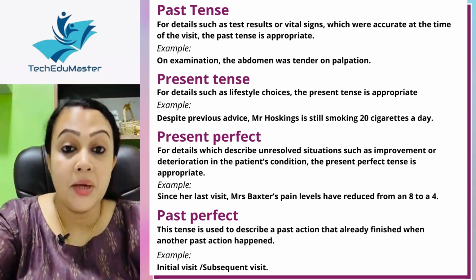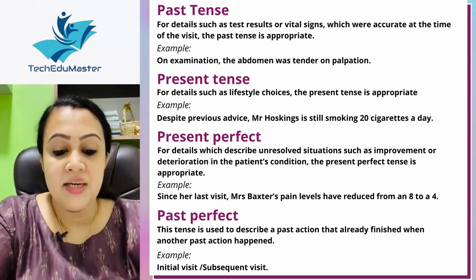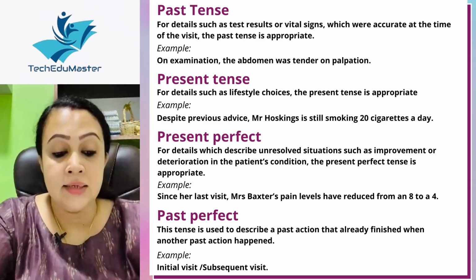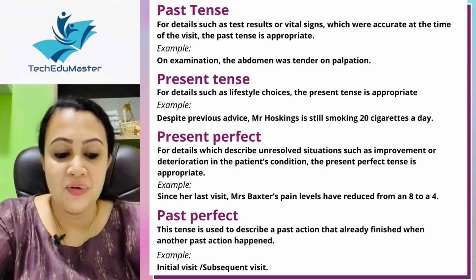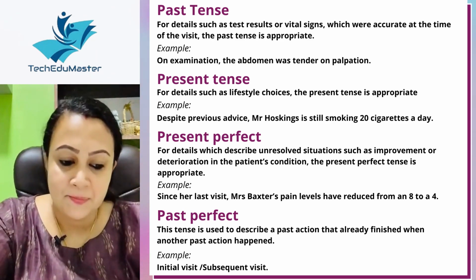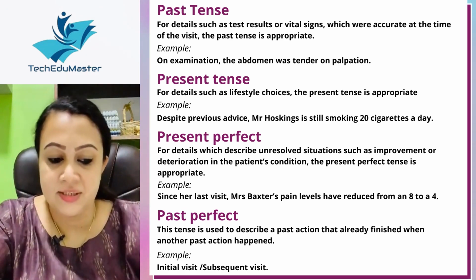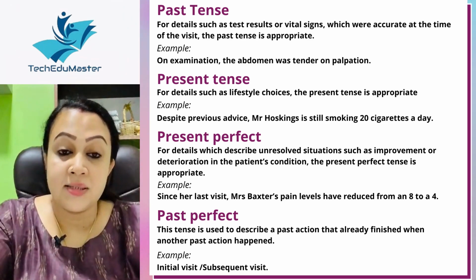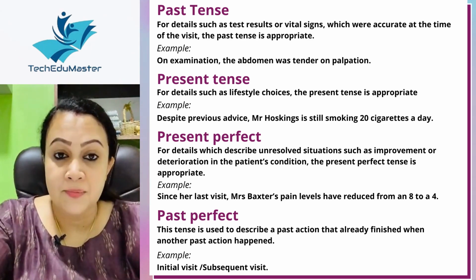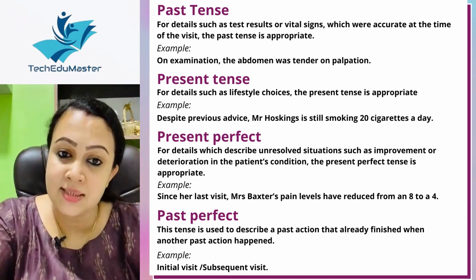Now comes when to use present perfect tense. This tense is used to describe an event that started in the past and is still going on. Mainly there are 3 types of present perfect tenses: present perfect simple, present perfect progressive, and present perfect passive.